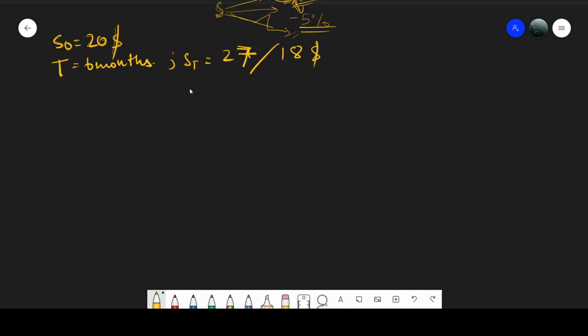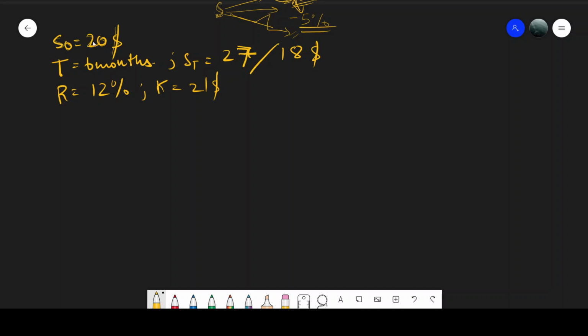Now I'm going to assume a lot of things here. I'm going to assume that the seller takes no commission and the risk-free rate of return is 12%. And the strike price of the option is $21. The underlying asset, let's say it's just a stock.